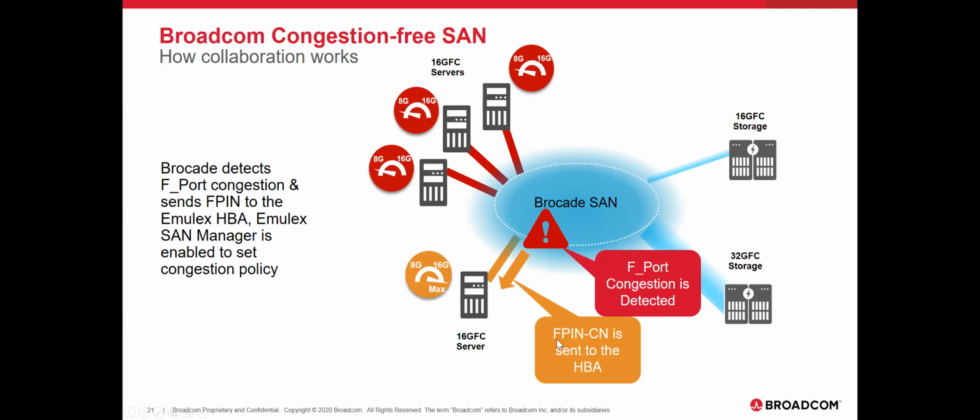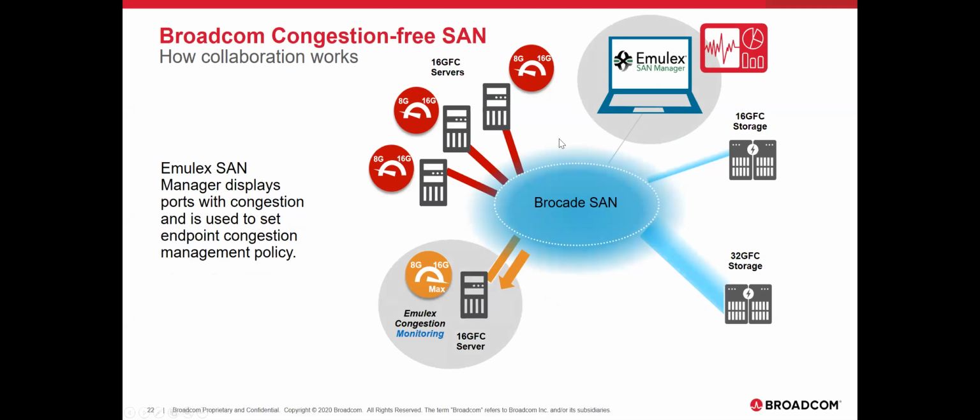So this is a fabric performance impact notification. So this is a notification to the server, and specifically this is a congestion notification. So now the server port is aware that it is creating congestion.